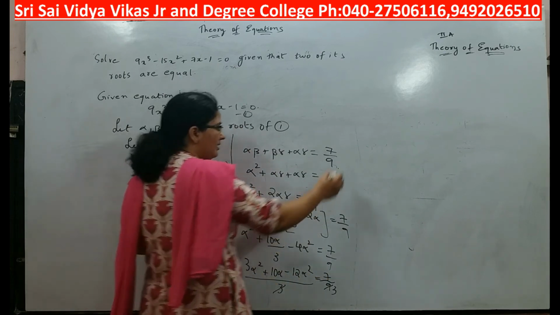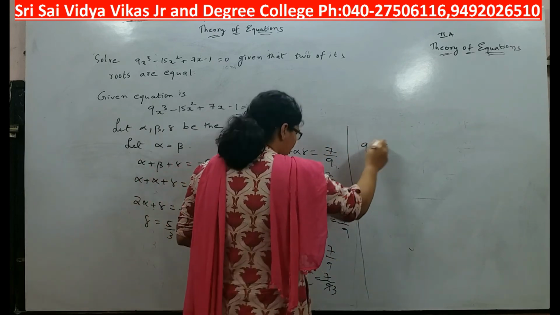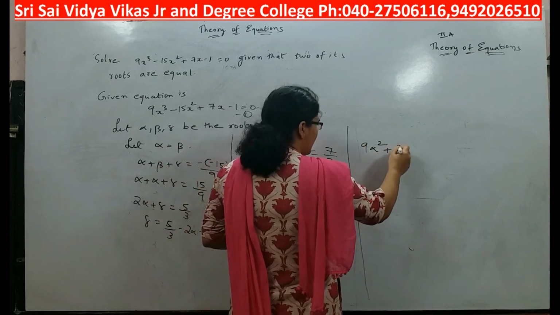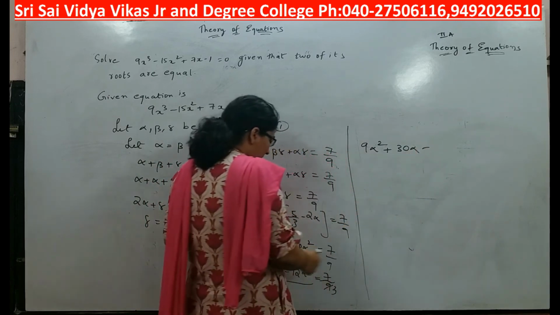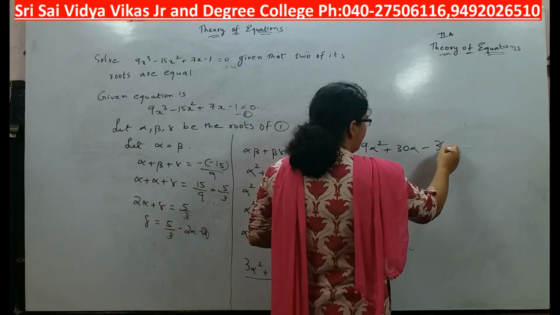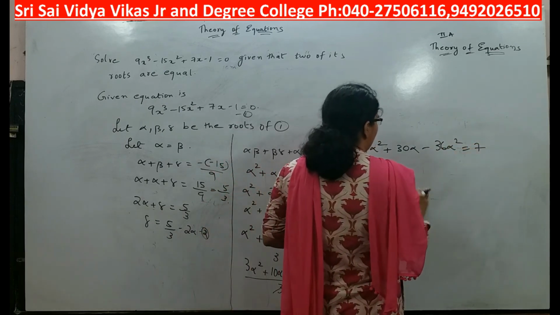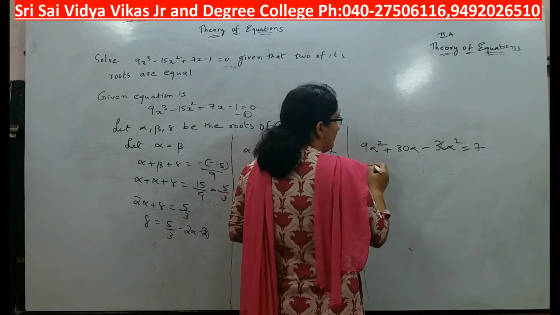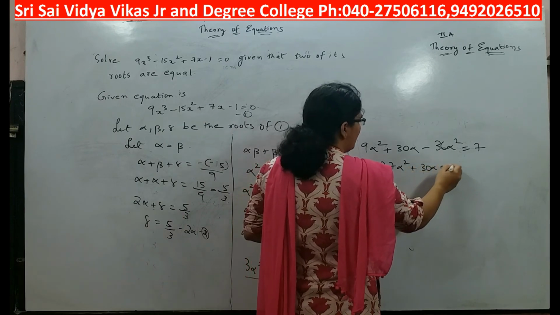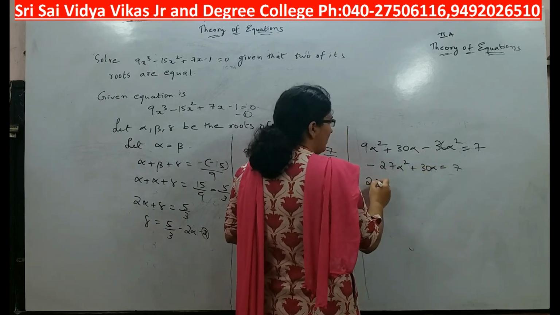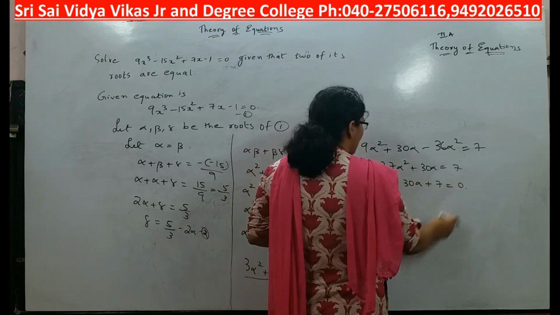So you have 9 alpha² + 30 alpha − 36 alpha² = 7. That is nothing but −27 alpha² + 30 alpha = 7. Bring these terms here: 27 alpha² − 30 alpha + 7 = 0.